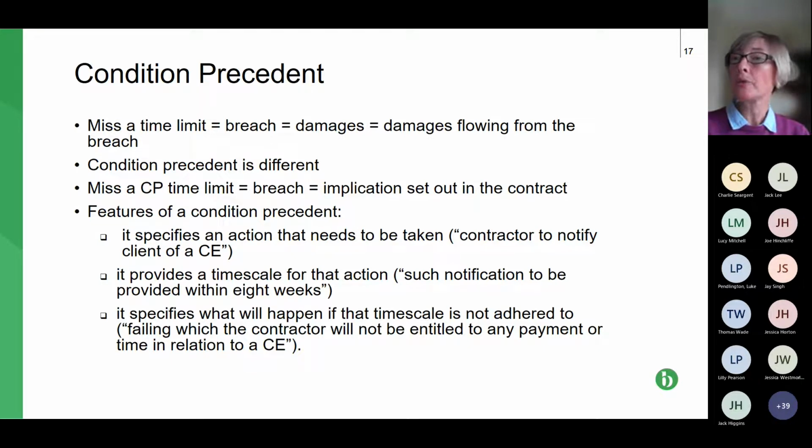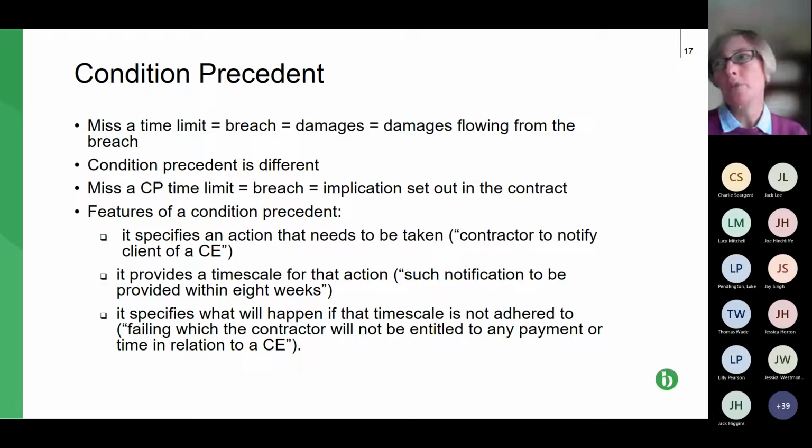So we know with compensation events in NEC, it says that if the contractor either fails to give a notice notifying a compensation event completely, or gives the notice in 9 weeks when it should be 8, then the NEC specifically says the contractor is not entitled to any payment or time in relation to that compensation event.